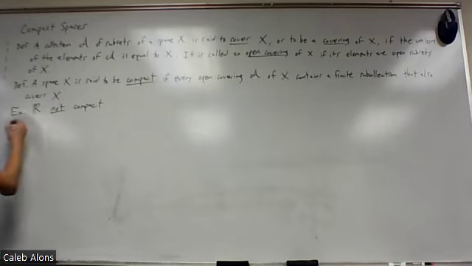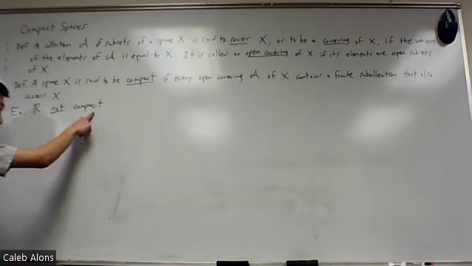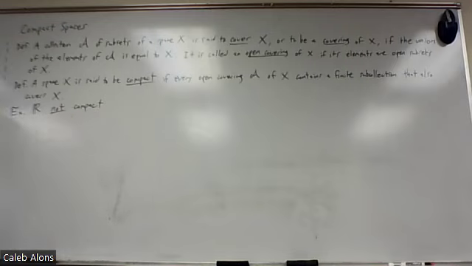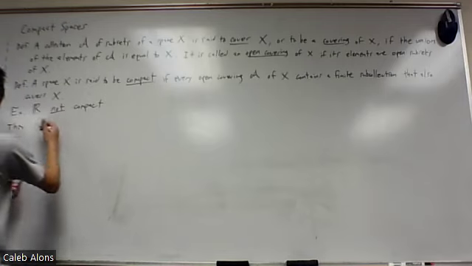Here's what we're trying to prove. If R is not compact, what we care about for compactness is the subspaces of R, which are the closed intervals of R. So we're not going to prove it just for R, but for basically any simply ordered set with the least upper bound property.